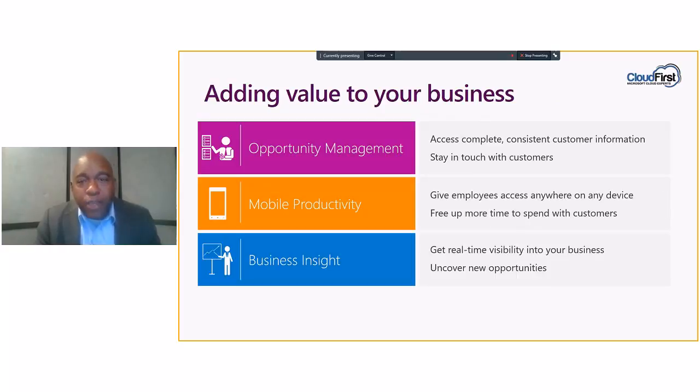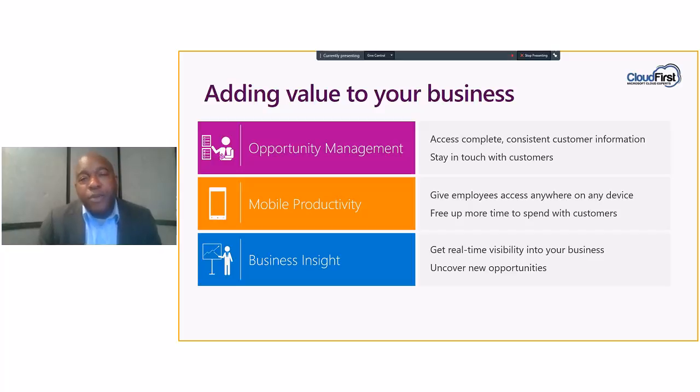So we've talked about several ways to add value to our business. We've talked about opportunity management, being able to access the opportunity and the information consistently across all of our staff, no matter when. Complete accessibility any time of the day. We talked about mobile productivity, being able to give our teams access to the same information on any device, anywhere they are.